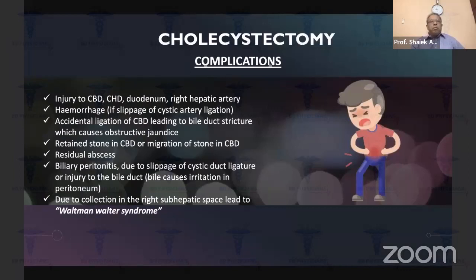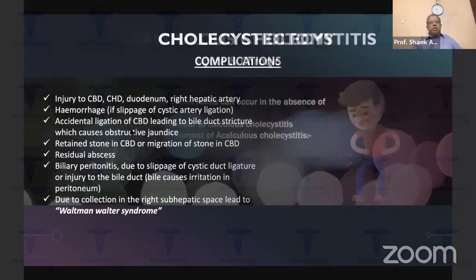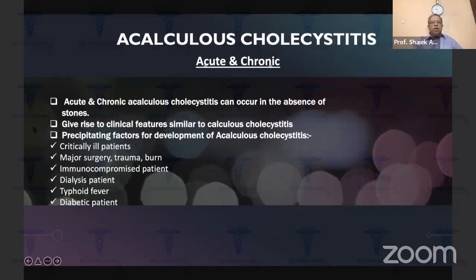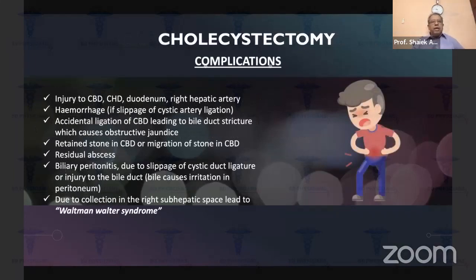So cholecystectomy complications. It is a very important thing, because once a complication develops, it threatens the life of the patient. Injury to the CBD, common hepatic duct, duodenum, right hepatic artery. Hemorrhage if there is slippage of the cystic artery ligation. Accidental ligation of the CBD leading to bile duct strictures, which cause obstructive jaundice.